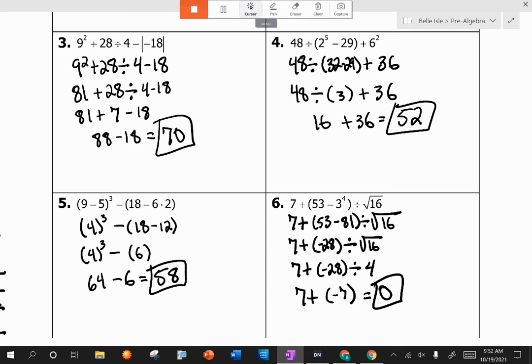I will leave 3, 4, and 5 up here for a second if you still need to mark them down. But we're going to go ahead and move on. Go ahead and circle these because we're not going to do all of them. Okay.